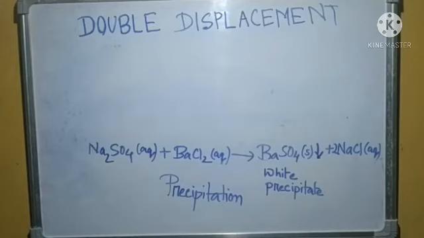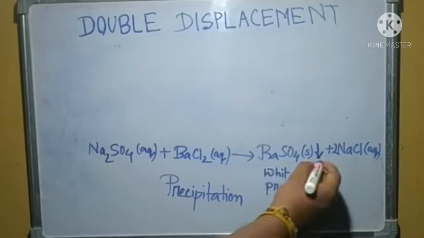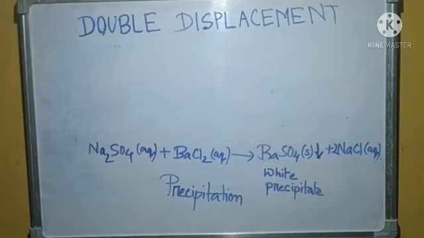To represent a precipitate, we give the arrow pointing downwards. Clear? Remember that precipitation reactions are those reactions in which a precipitate is formed, and all double displacement reactions are not necessarily precipitation reactions.